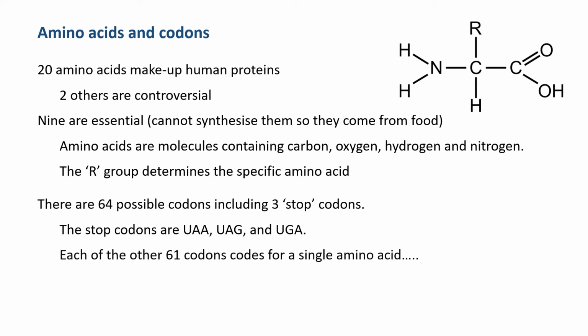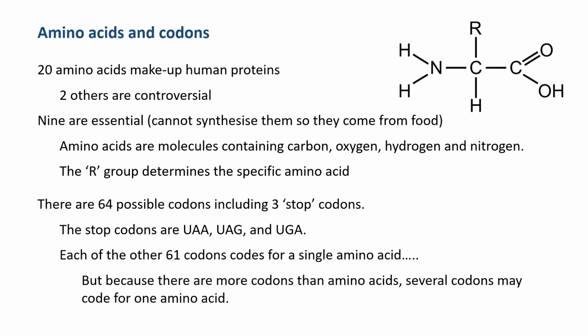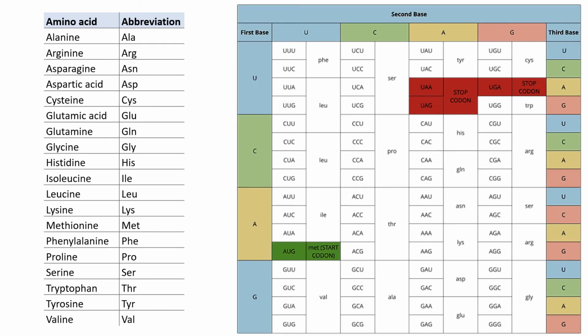Each of the other 61 codons codes for a single amino acid. But yes, there are more codons than amino acids. So this is why several codons may code for one amino acid. We look at that in a table. You don't have to remember any of this, but it's just to give you an idea.